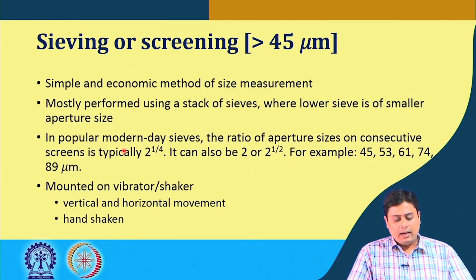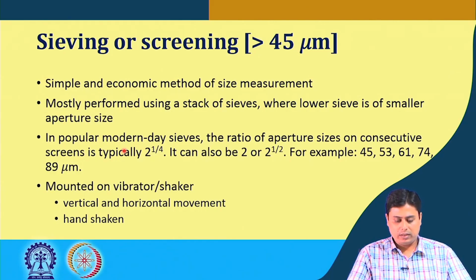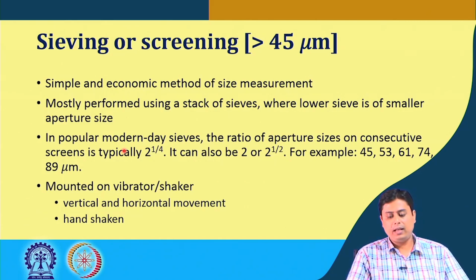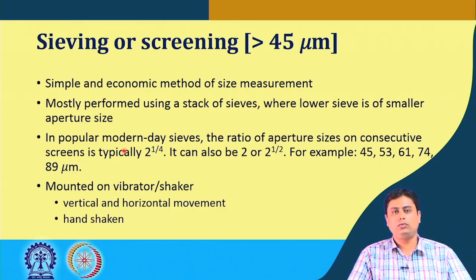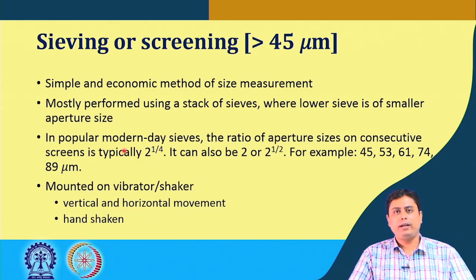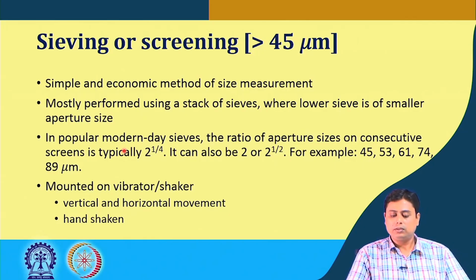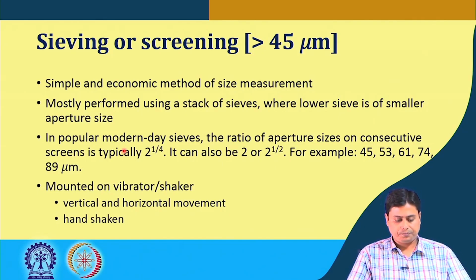There are several standards available, like the US standard, British standard and Indian standard. In these cases the typical aperture ratio is the fourth root of 2, but when it was initially implemented, there were also examples where the ratio was 2 or the square root of 2.